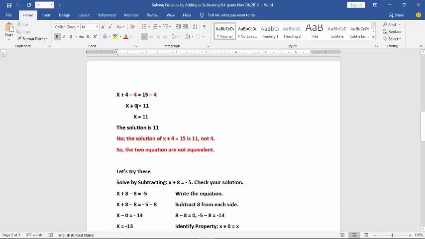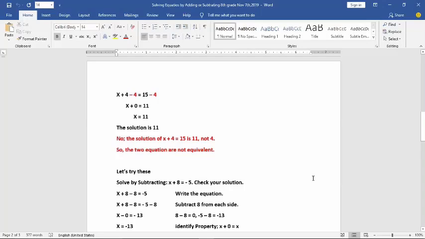X plus 0, because 4 minus 4 is 0, equals 11. X equals 11. The solution is 11. No, the solution of x plus 4 equals 15 is 11, not 4. So the two equations are not equivalent.